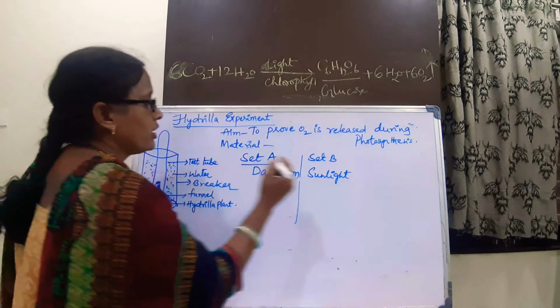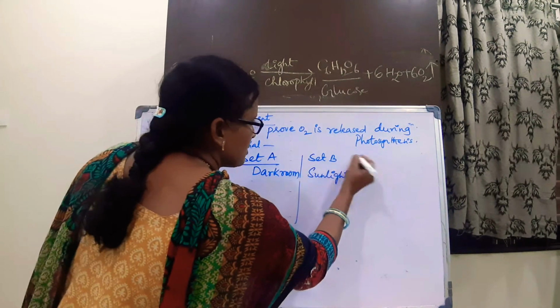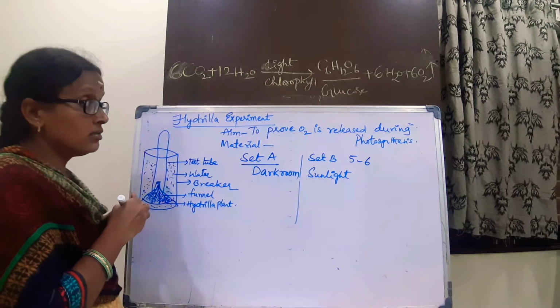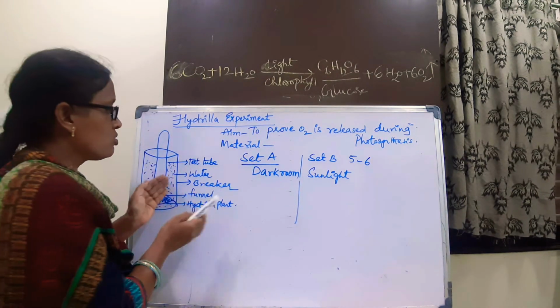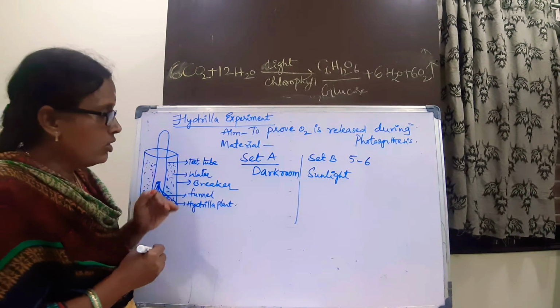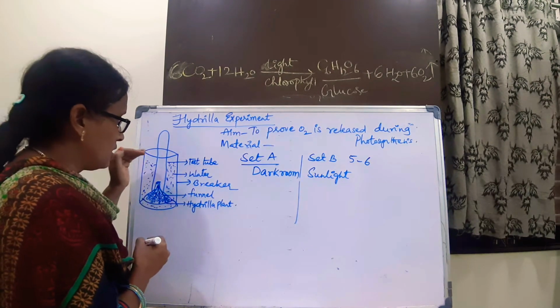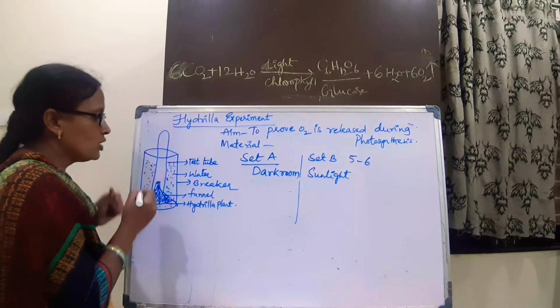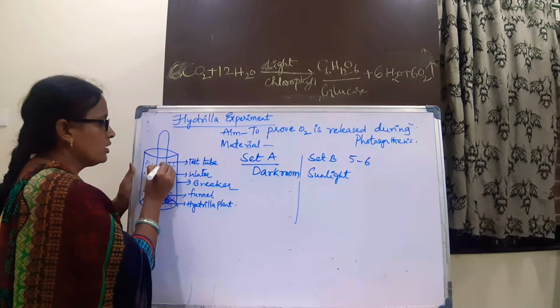After 3 to 5 hours, maximum 5 to 6 hours, and the sunlight should be more. After some hours, we observe that in set B, which is kept in the sunlight, small bubbles are coming.